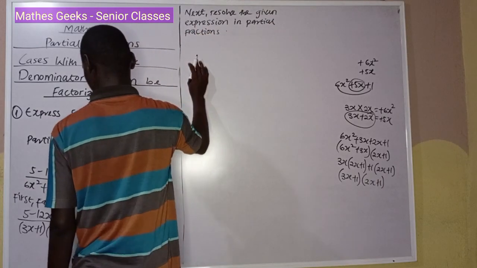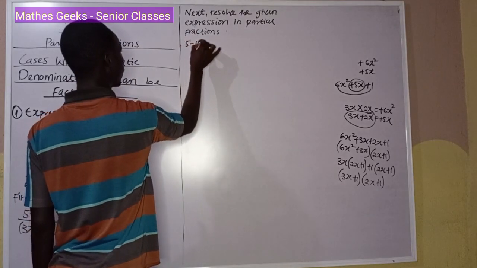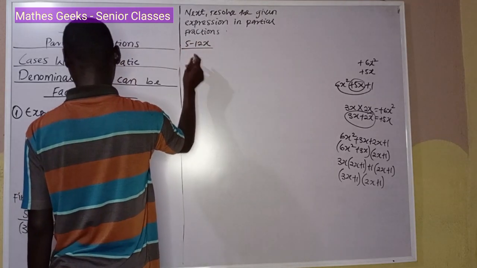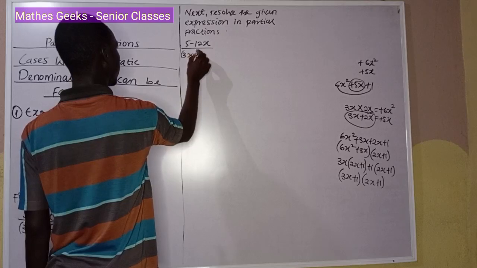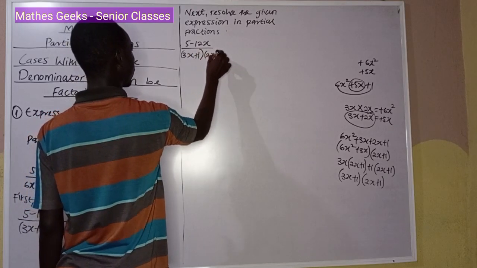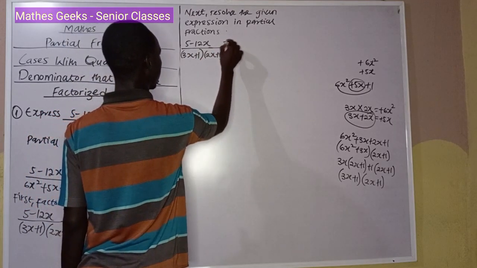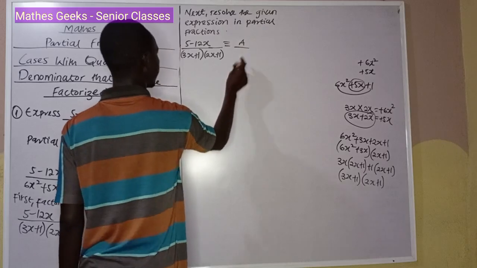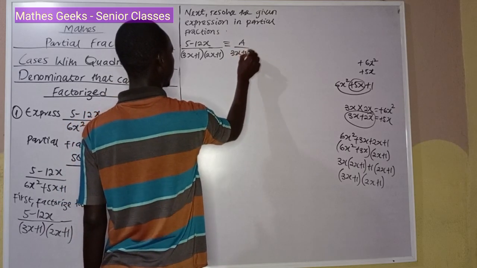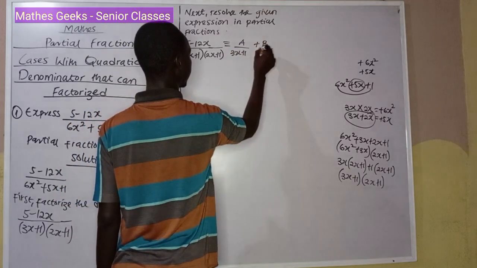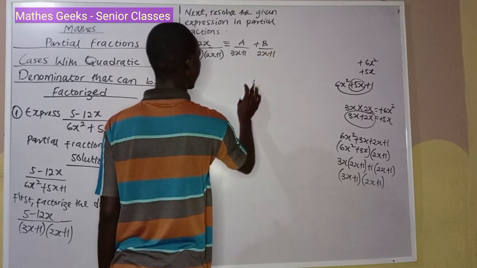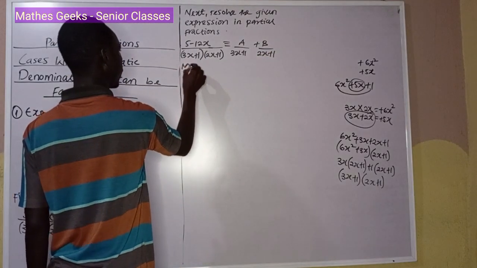So this will bring us to 5 minus 12x over 3x plus 1, 2x plus 1, identical to A over 3x plus 1 plus B over 2x plus 1.